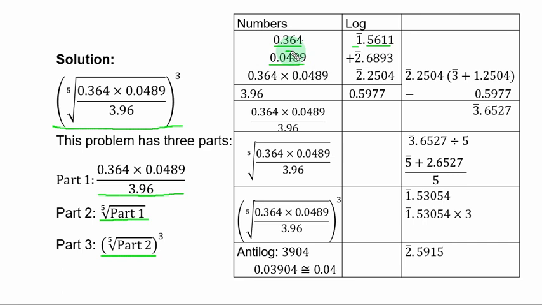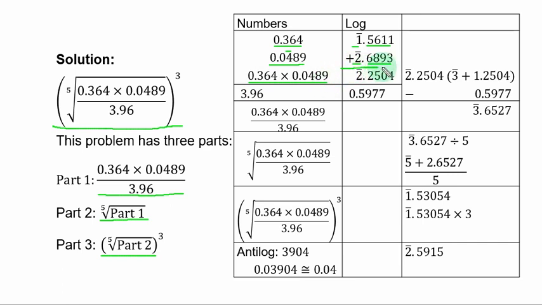That means we have bar 2 as the characteristic. For the multiplier, you check 48 under 9. That gives 6893.